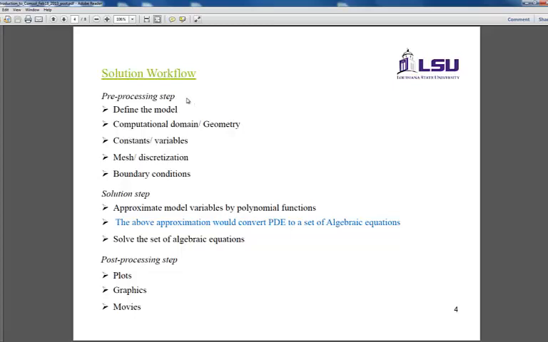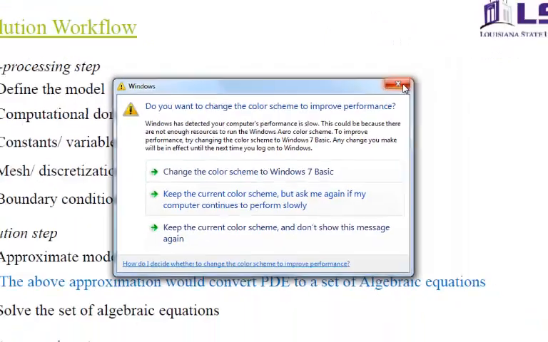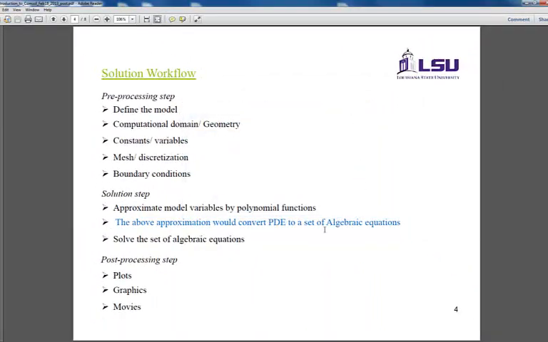Once we have completed the pre-processing step, the next step is the solution step. It is already built in. You just need to select the polynomial function. There are always default values, but then we need to select the solver type.